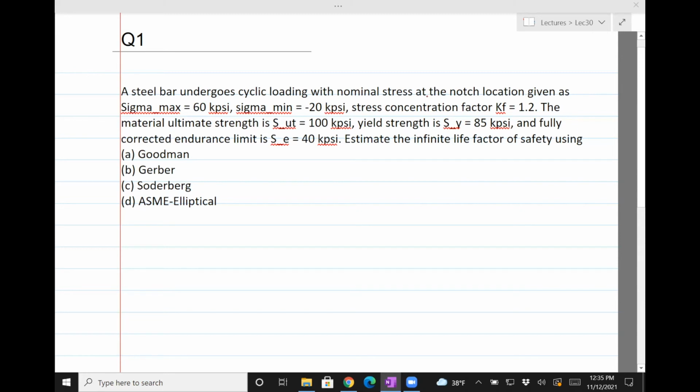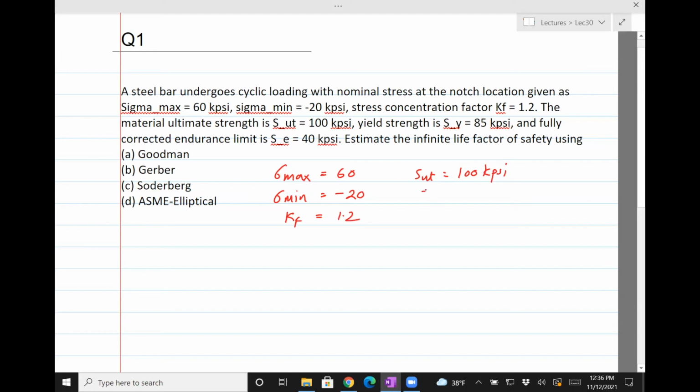Okay, a steel bar undergoes cyclic loading with nominal stress at the notch given as sigma max equals 60 kpsi and sigma min equals minus 20 kpsi. Stress concentration factor Kf equals 1.2. The ultimate strength is 100 kpsi.